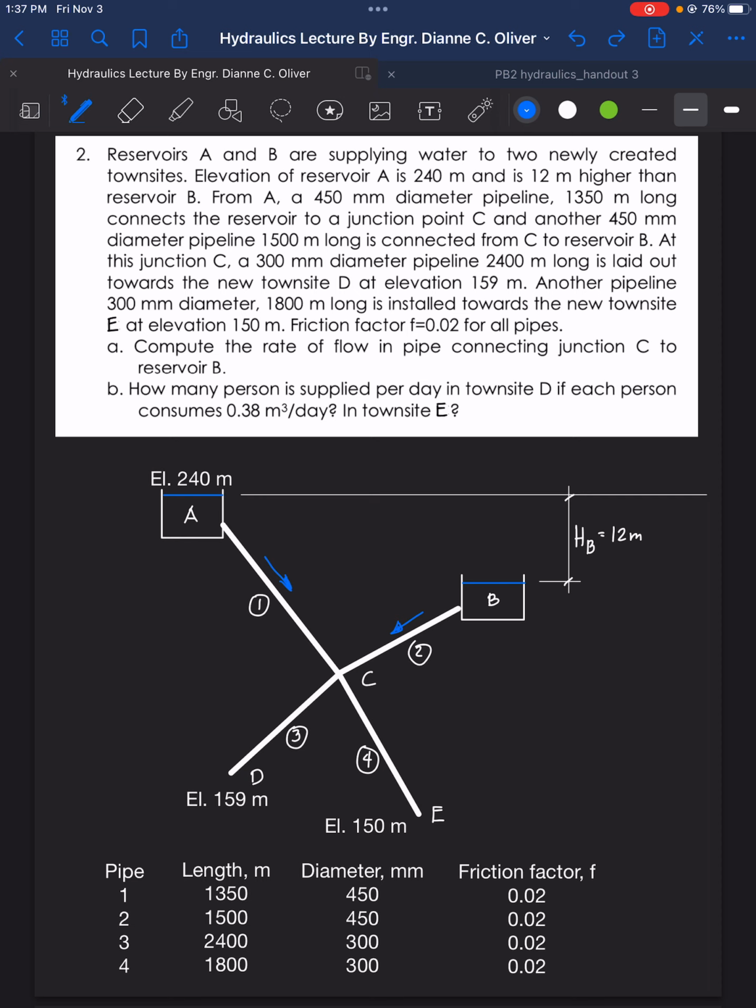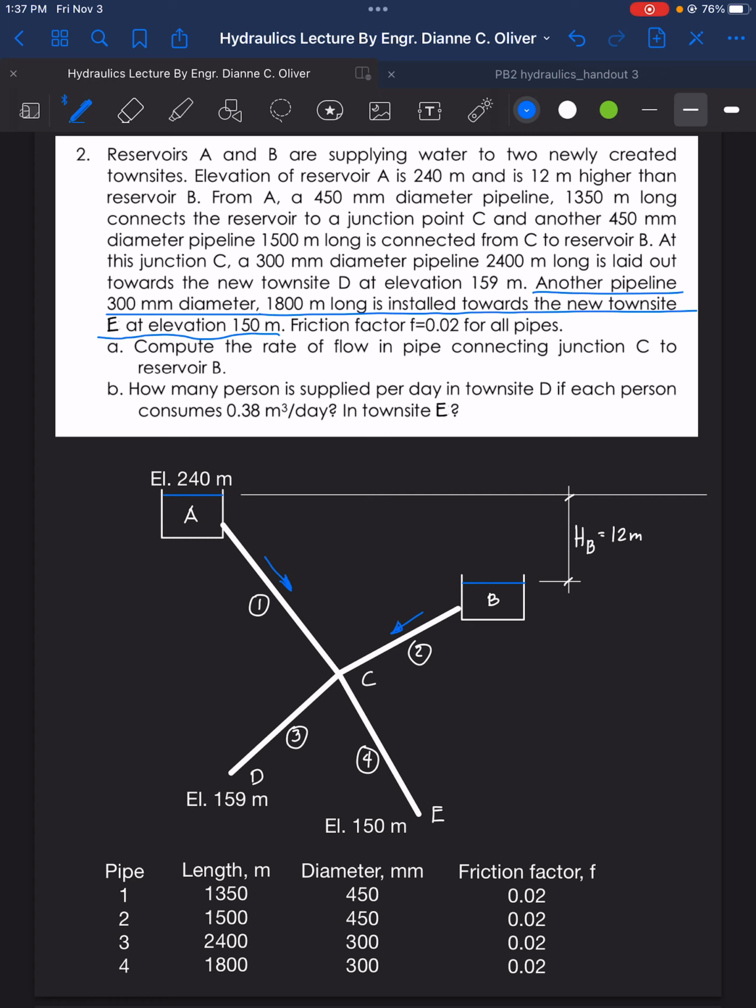Then another pipeline, 300 mm diameter, 1,800 meters long, is installed towards the new Townsite E at elevation 150 meters.